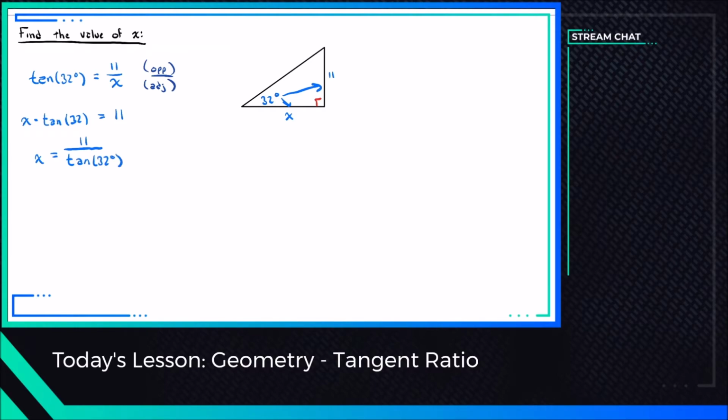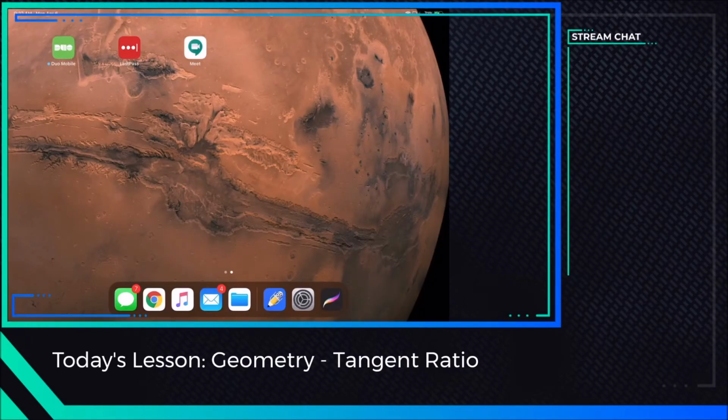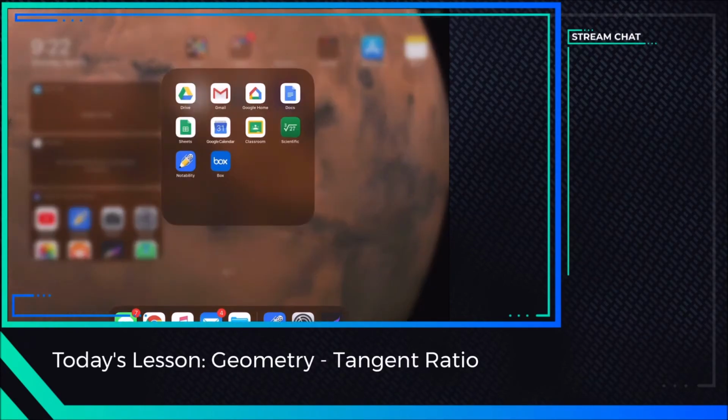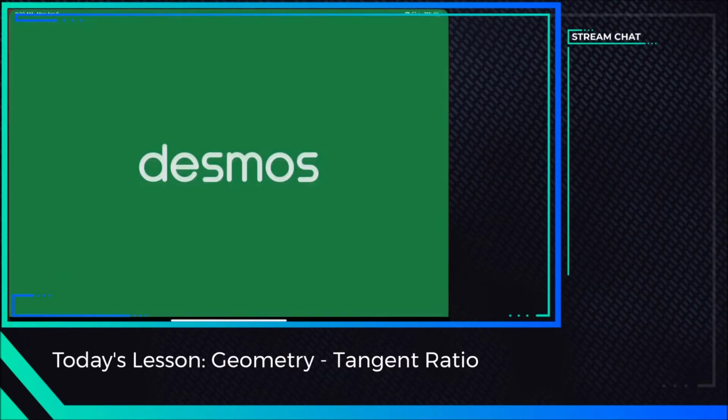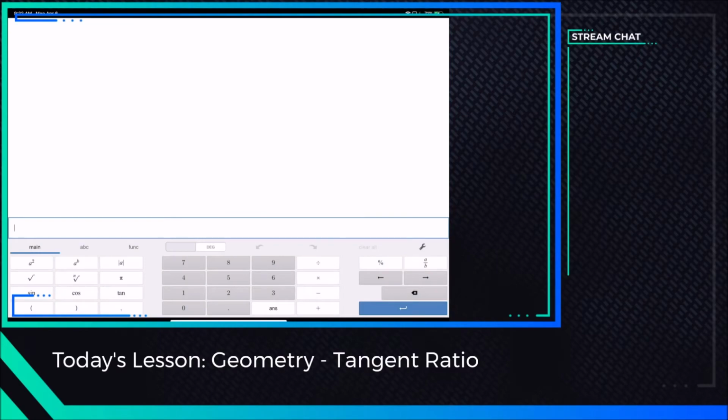Now, if you go to any calculator, there's a tangent function. So if I swipe up real quick, there's my scientific calculator. We want to take 11 and divide that by the tangent of 32 degrees.